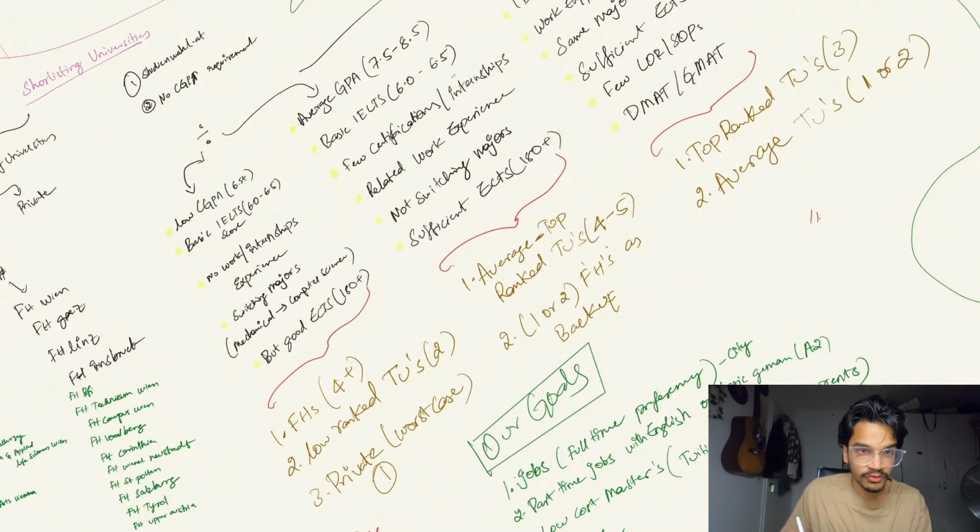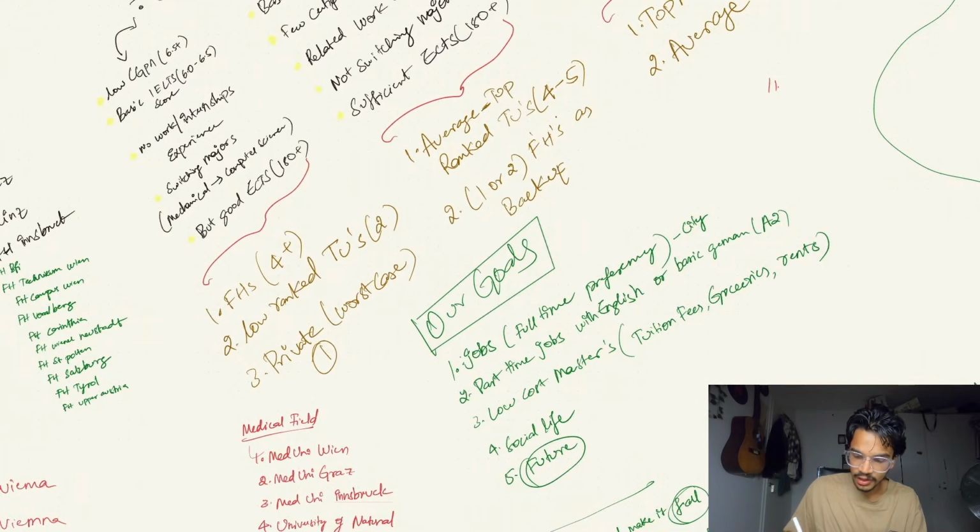If you have a low profile, you should apply for FH, mainly 4 plus FH. Since you have a low profile, you have less chance of getting into a big university. Since the competition in FH is lesser, you should focus more on applying for FH than for TUs. So you apply for 4 plus universities from FH and low-ranked TUs, and in the worst case, let's say one private university.